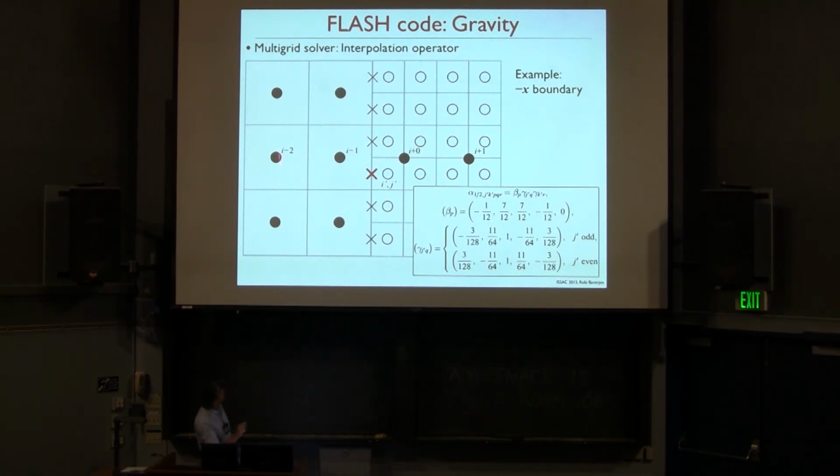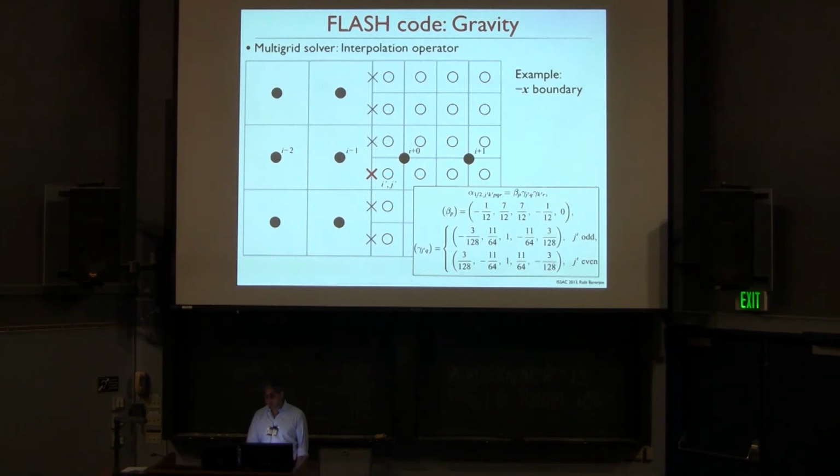This one is weighted by -1/12, then you have a symmetric weighting with 7/12, and again this one is weighted with -1/12. You can work out why these weights have these forms, and the one next to it is ignored, so it's weighted with a 0. This is the main idea of how you interpolate your solution.